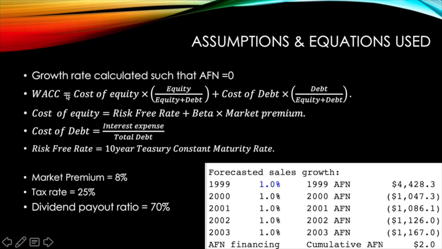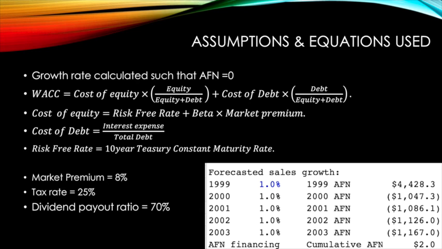I also use the equation for the weighted average cost of capital, which is the cost of equity times the weight of equity, which is equity over the total equity and debt, plus the cost of debt times debt over equity plus debt. The cost of equity is equal to the risk-free rate plus the beta value of the company times the market premium.